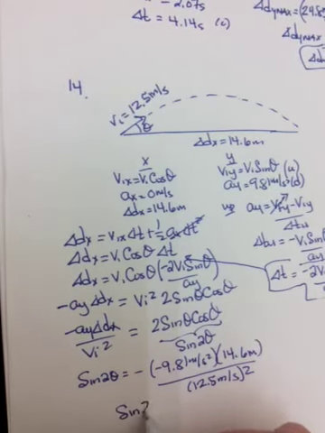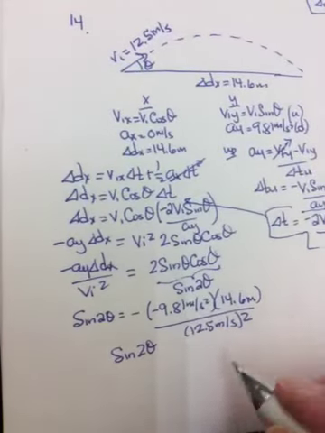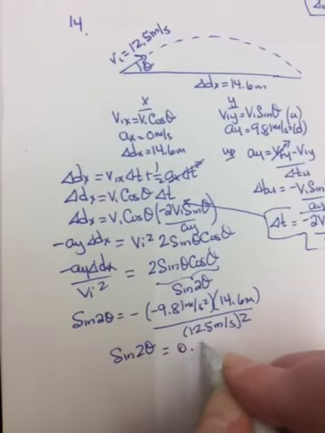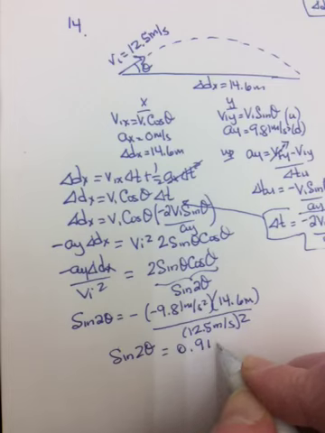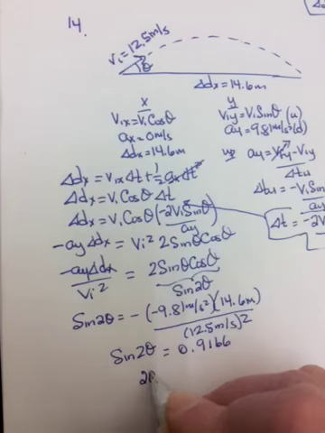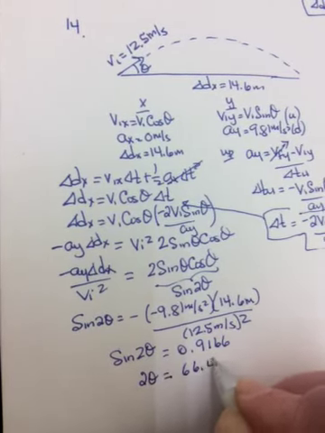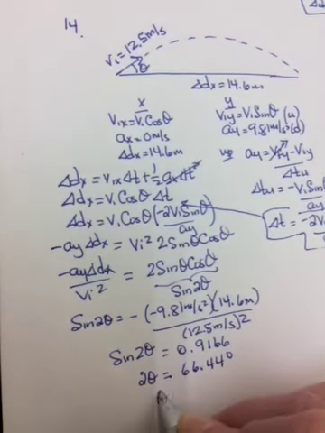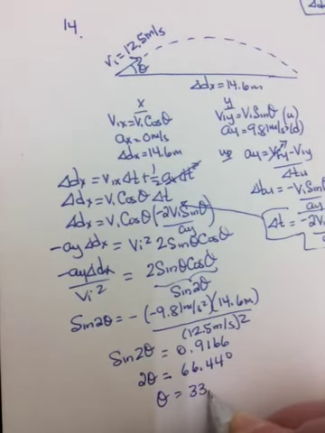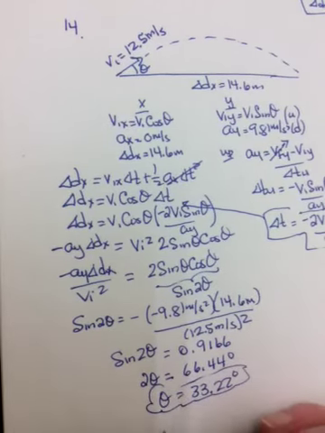And so you're going to get sine 2 theta to equal 0.9166. Okay, do inverse sine of both sides and get 2 theta to equal 66.44 degrees, which means theta will equal 33.22 degrees. So this is really theta 1.